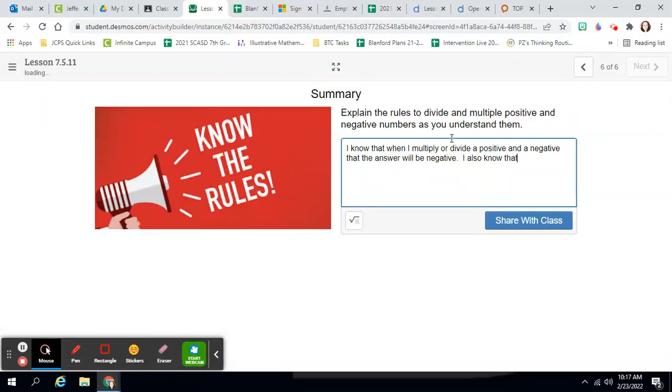And I also know that if I multiply or divide two positives or two negatives, the answer will be positive. And that's it. That's how we divide.